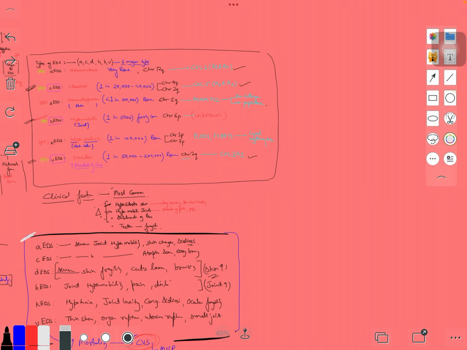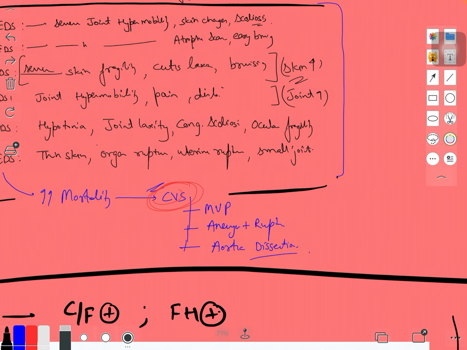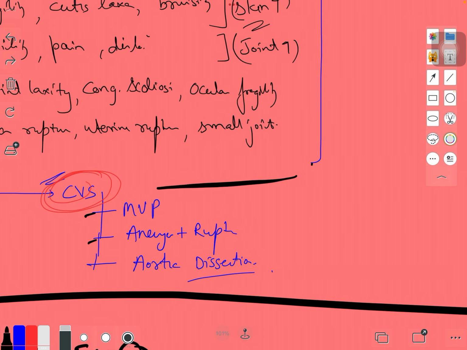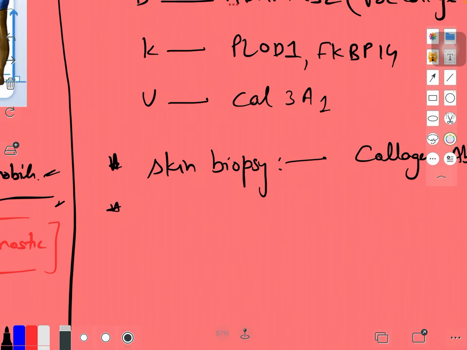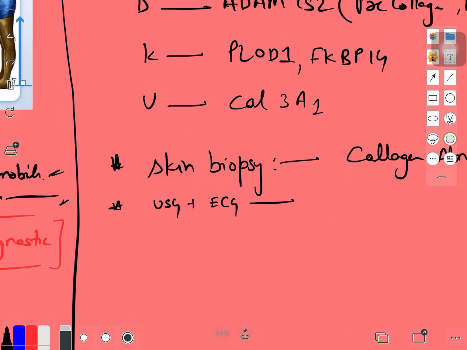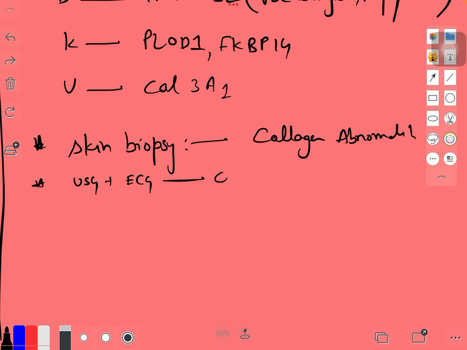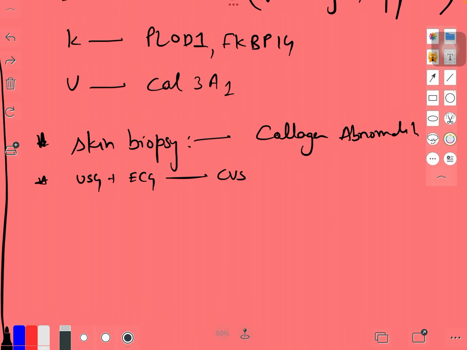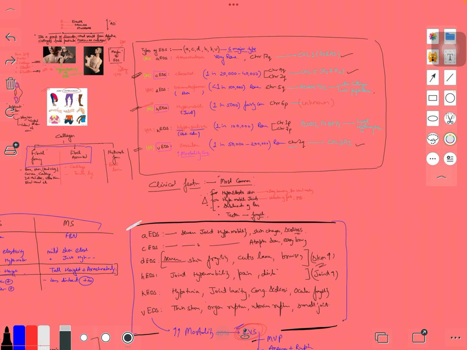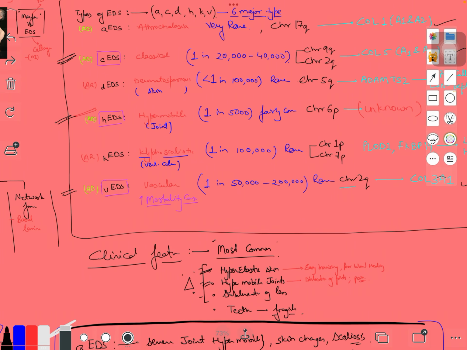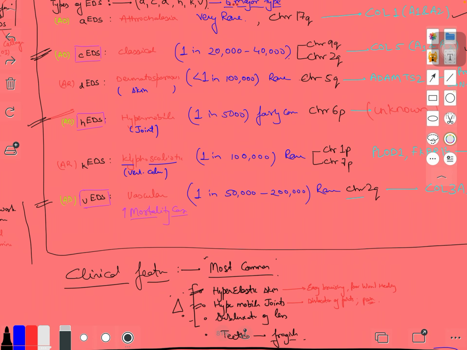Remember, we just said that the patient will have high mortality in the cases of the vascular type. Why? Because the patient can have MVP, aneurysm, and rupture. So we can have an ultrasound, USG of the heart, alongside the ECG, and all this will help us to at least check the cardiovascular system, right? Because not necessarily just in the V type of EDS will the patient have high mortality.